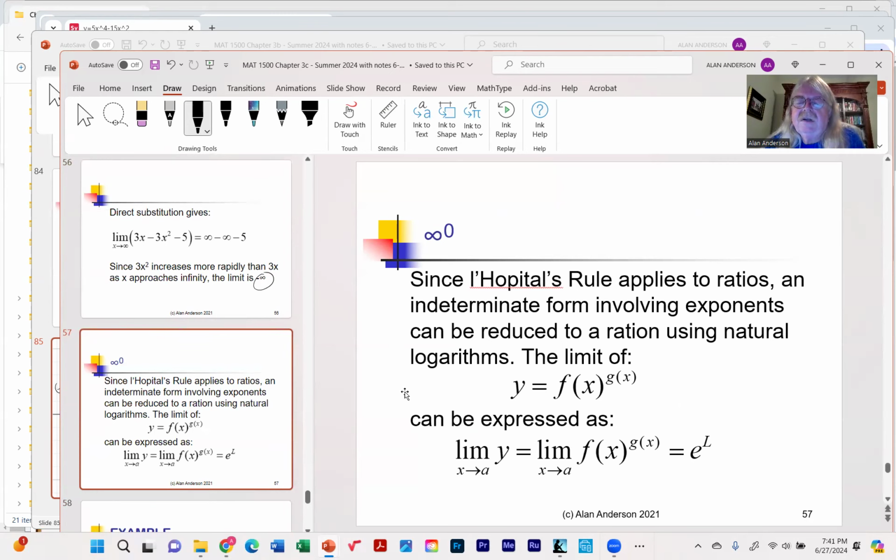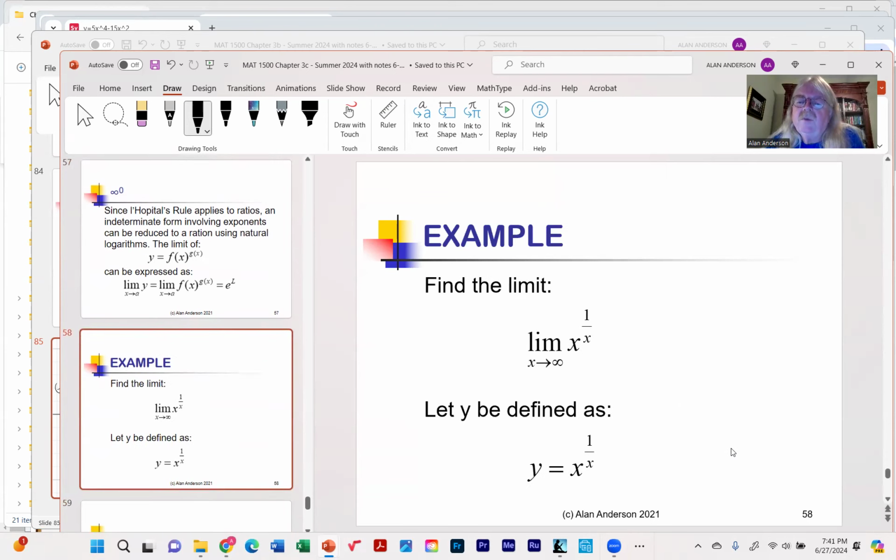So here's a wacky one. Infinity raised to the 0 power. So what they're encouraging you to do here is use the properties of logarithms to rewrite this. So for example, here, we're going to rewrite y as x to the 1 over x power.